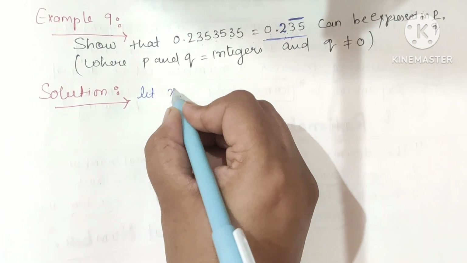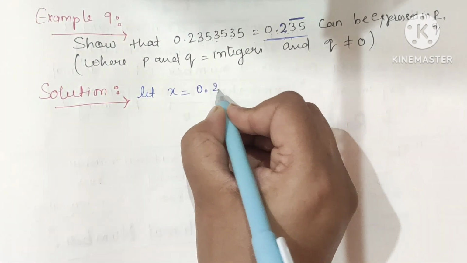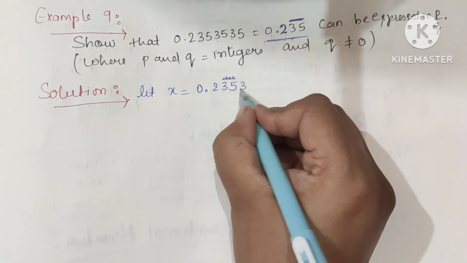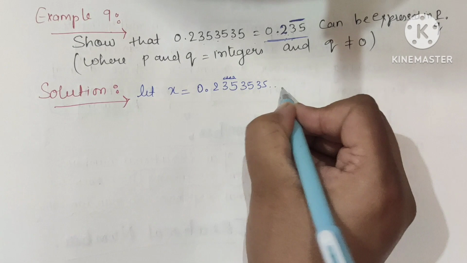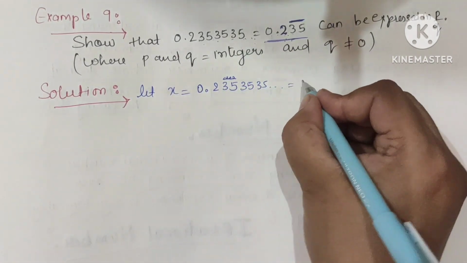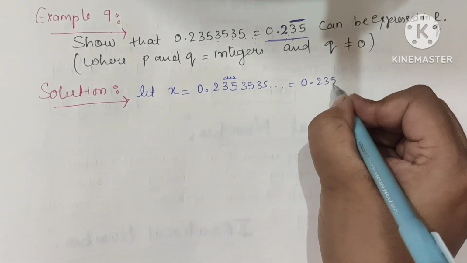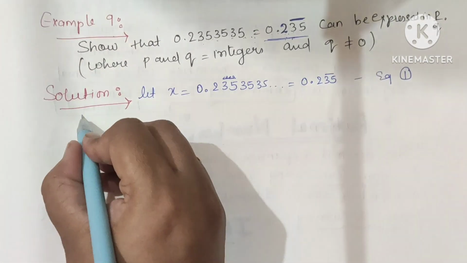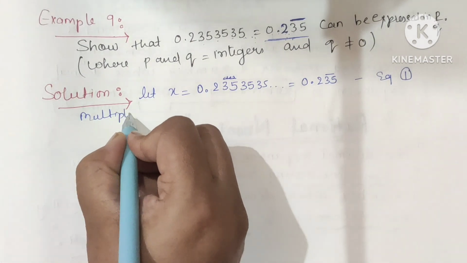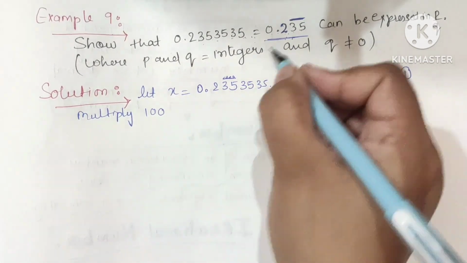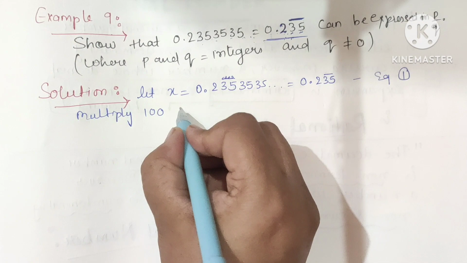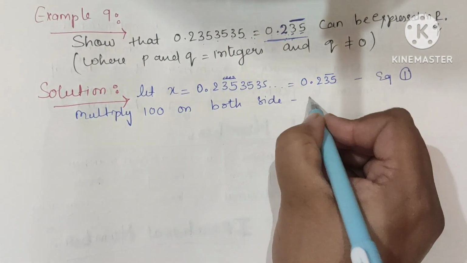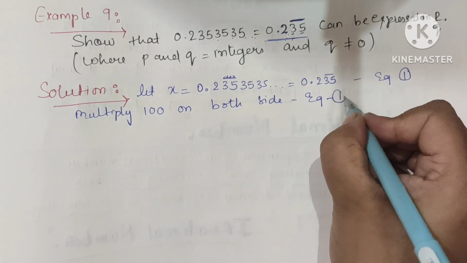Yes, we'll start with the example. Let x is equal to 0.235 bar. Equation 1. Multiply 100. Why? 2 digits repeat. On both sides of equation 1.